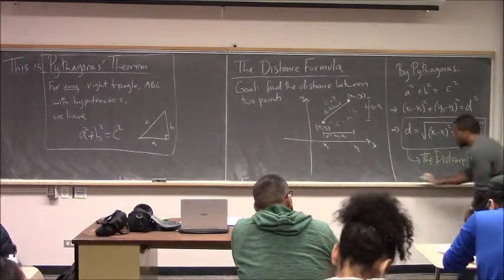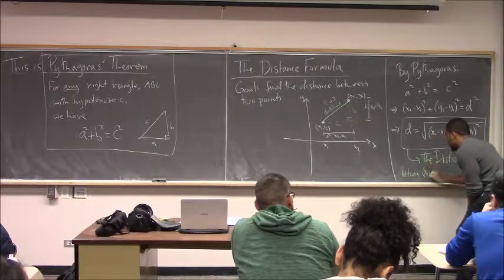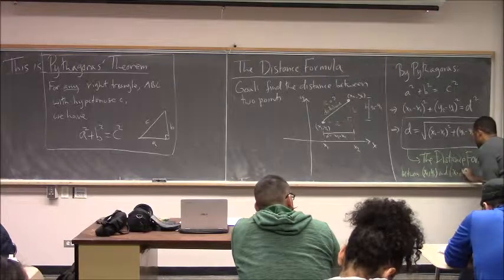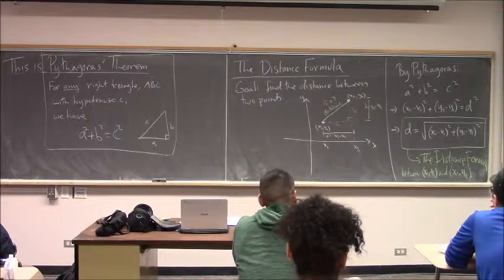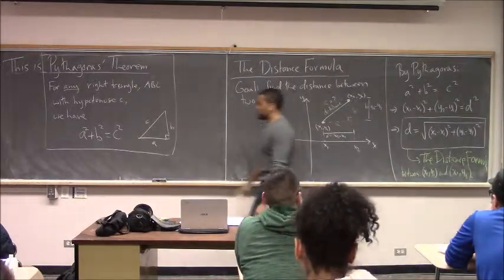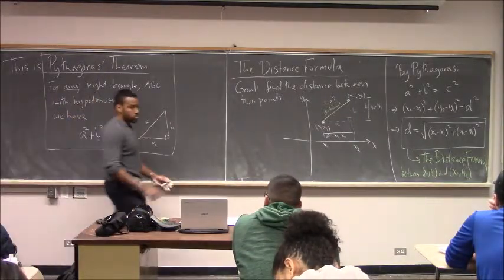So the distance formula between x1, y1, and x2, y2. So give me 2 points that I can plot in the plane. I can find the distance between these 2 points by using this formula. It's called a distance formula.